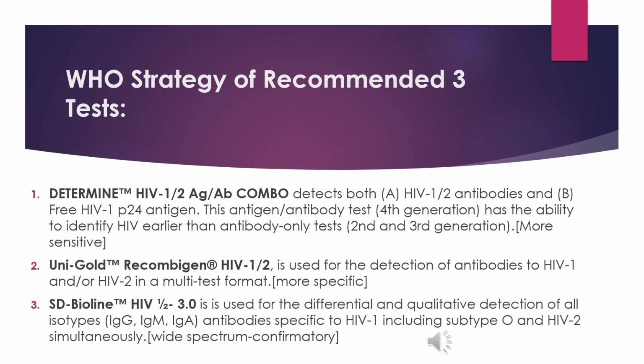Another is the Unigold recombinant HIV-1 and 2 test, which is used as a confirmatory test. And the third one is SD Bioline HIV-1/2 3.0, which can differentiate qualitative detection of all isotypes, IgG, IgM, and IgA antibodies specific to HIV-1, and it also includes subtype O and HIV-2 simultaneously.